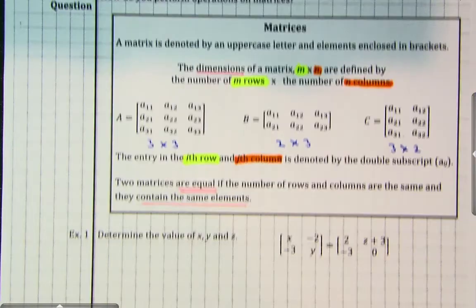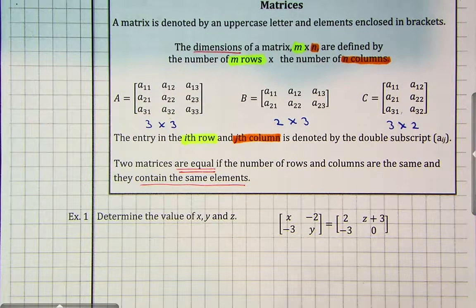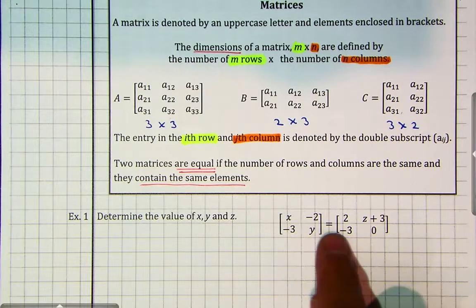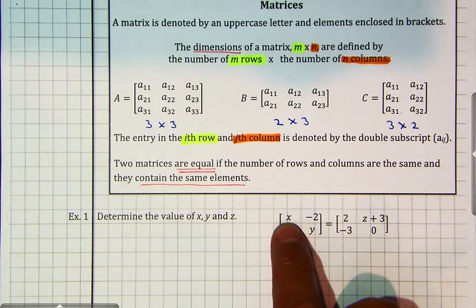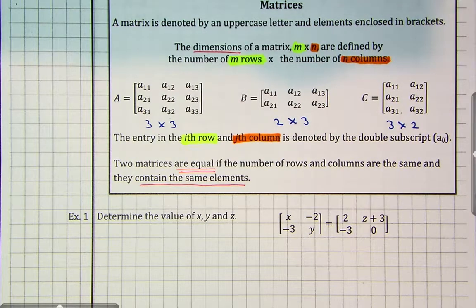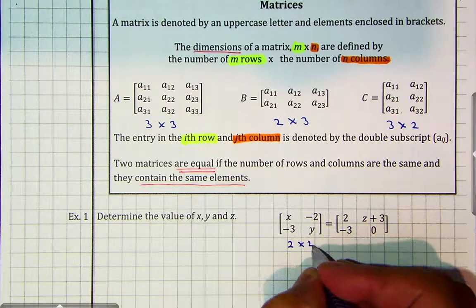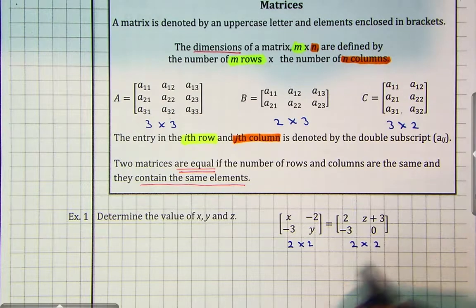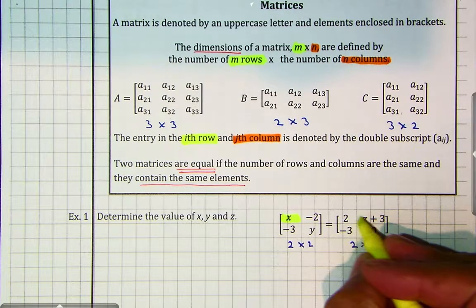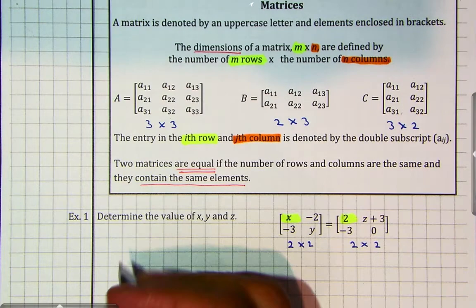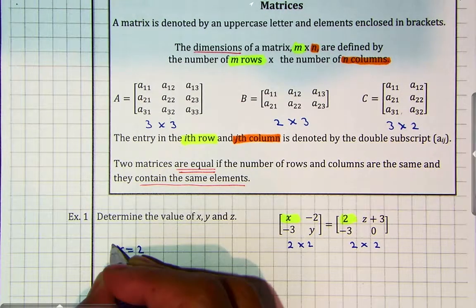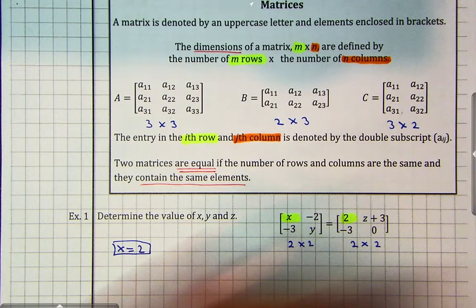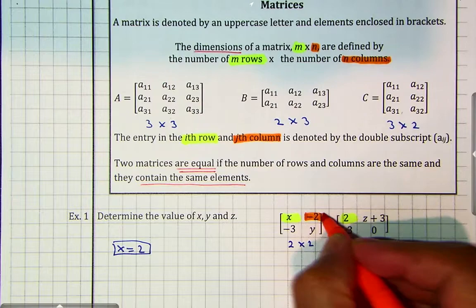So for example number 1, determine the value of x, y, and z. Since they are giving us two matrices, and this is 2 rows and 2 columns, so this is a 2 by 2, and this is also a 2 by 2, and since they're equal, that means that the elements must be the same. So therefore, the value of x is 2. Then negative 2 will correspond to z plus 3.